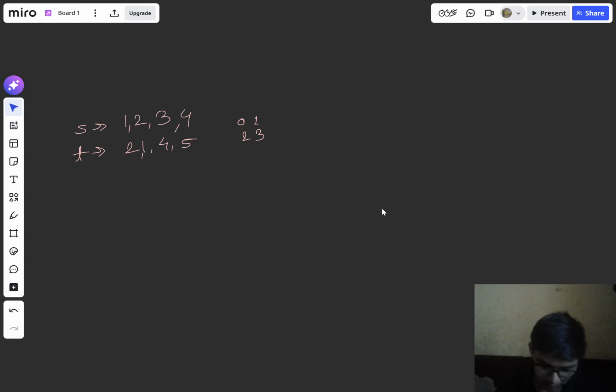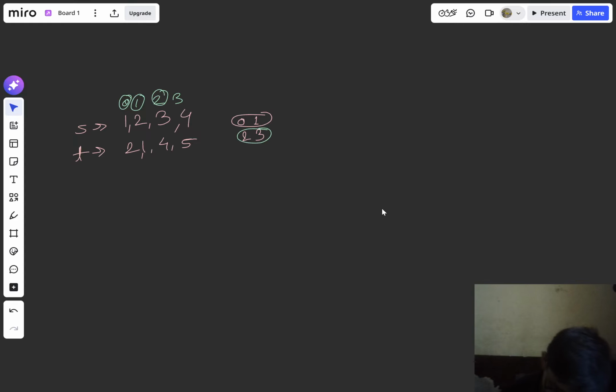To find the minimum Hamming distance, it is given that we can swap 0 and 1. Let me write the indexes 0 1 2 3. We can swap 0 and 1, and then again we can swap 2 and 3.